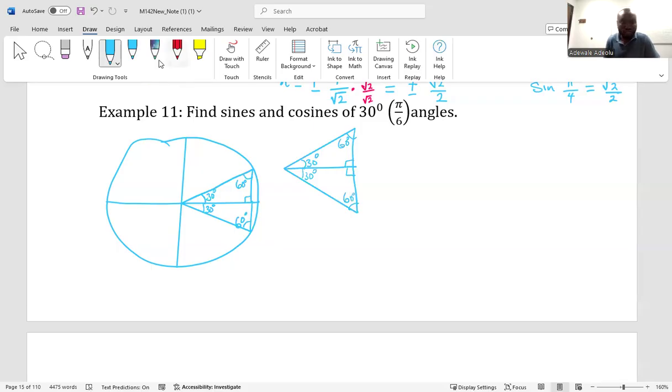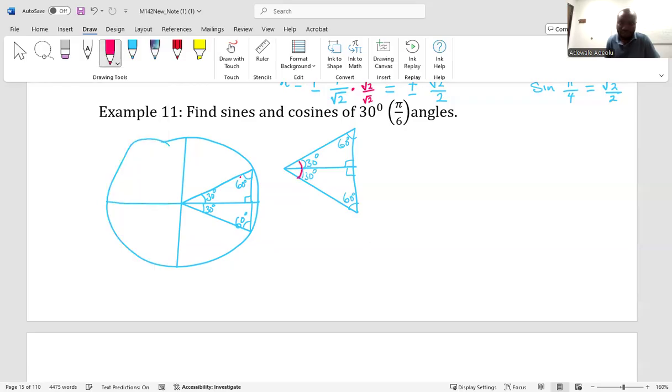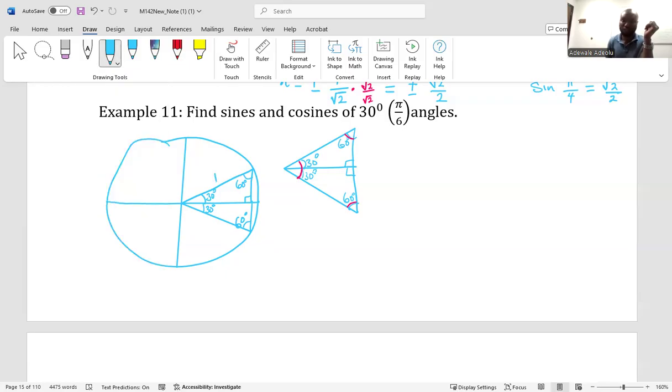And now we can see that this angle is 60, this angle is 60, this angle is 60. It has a special name: we call it an equilateral triangle, whereby all sides are equal. So if this side is 1, the radius of a unit circle, and here is 1, then this side as well is going to be 1.